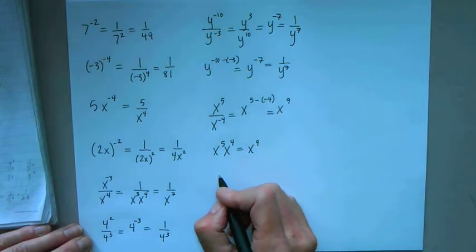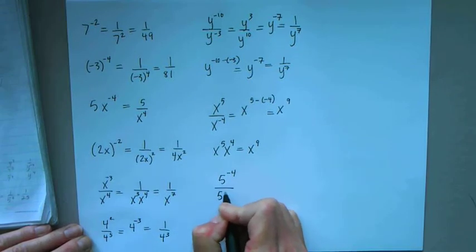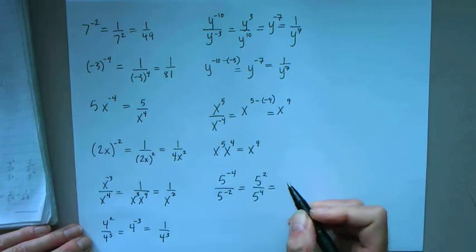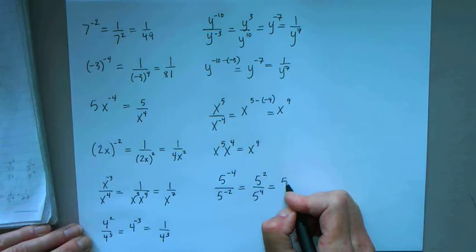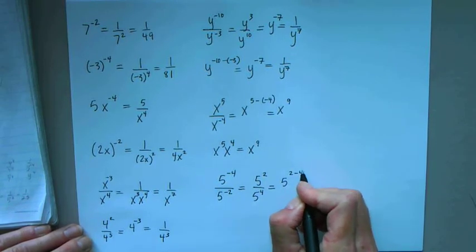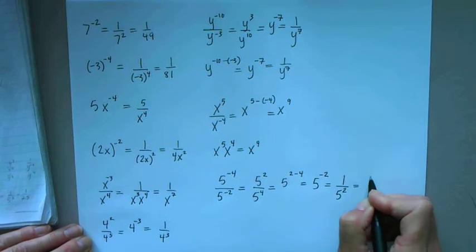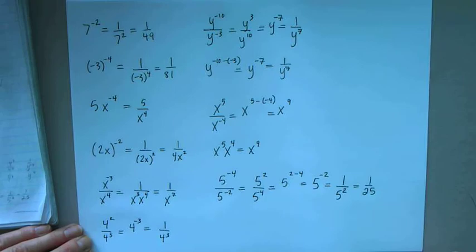Last one. How about 5 to the -4 divided by 5 to the -2? So again, we could start by making, and then I know that I subtract when I divide, so I have 2 subtract 4, and do a negative exponent, so I move it to the bottom, and then when it's that small, they'll probably do it. Now that's one way to go.